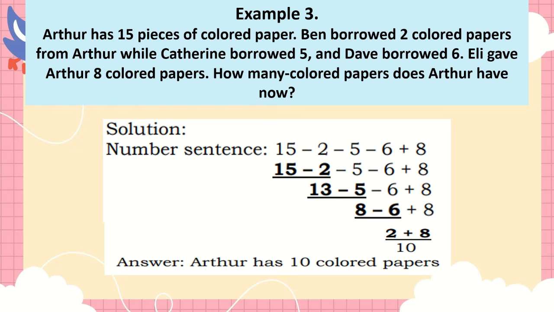The number sentence will be 15 minus 2 minus 5 minus 6 plus 8. 15 minus 2 equals 13. 13 minus 5 equals 8. 8 minus 6 equals 2. 2 plus 8 equals 10. So the answer is Arthur has 10 colored papers.